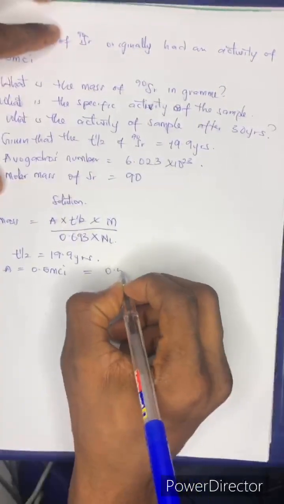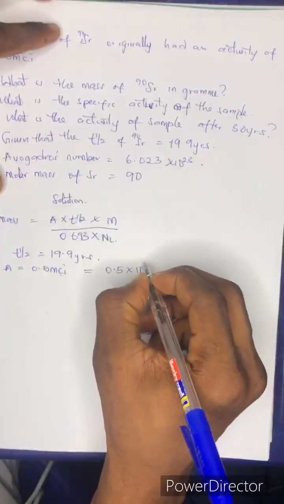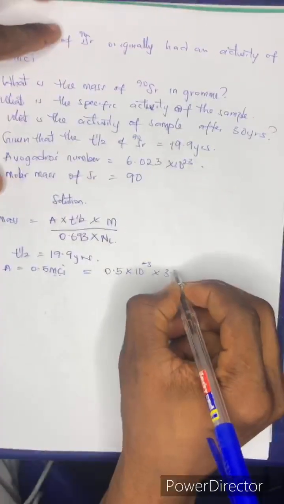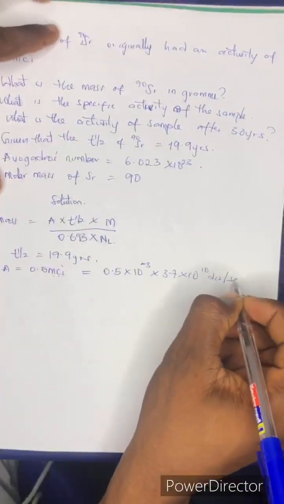Which is equivalent to 0.5 times 10 to the power minus 3 times, now 1 curie is 3.7 times 10 to the power 10 disintegrations per second.